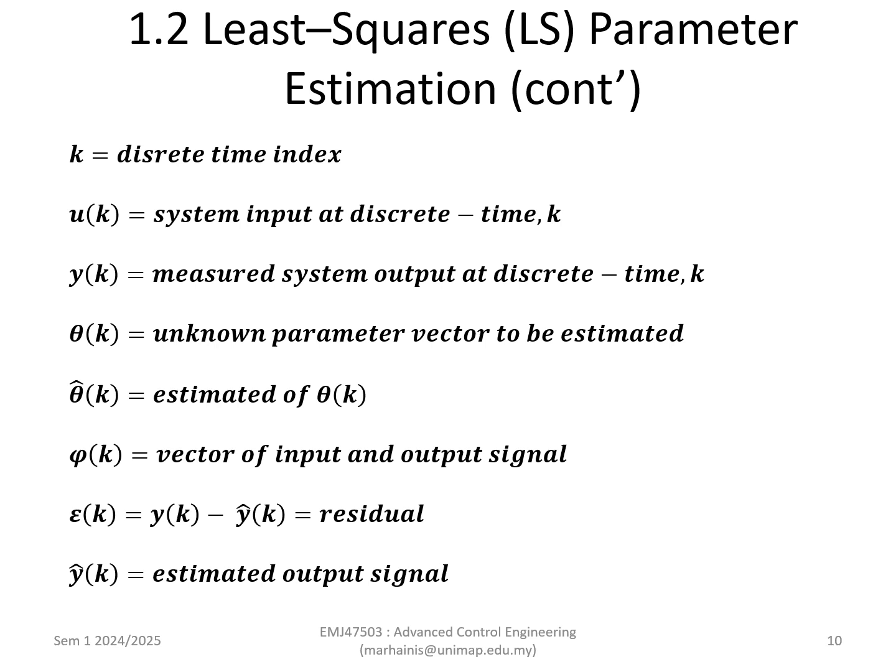Uk is the system input at discrete time k. Yk is the measured system output at discrete time k.